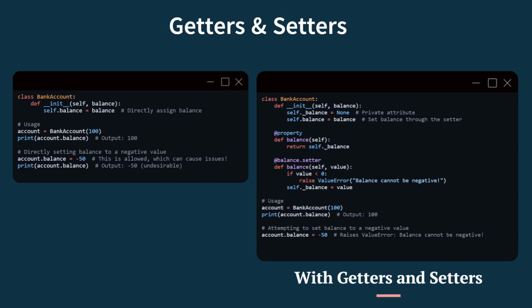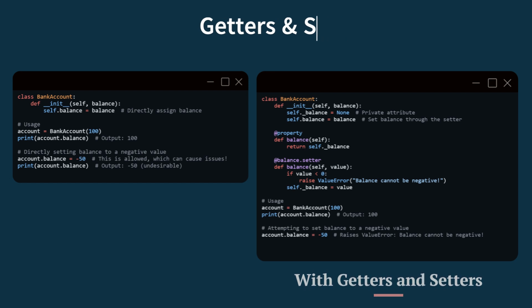In the second example, we improve the bank account class by introducing a private attribute _balance and using the @property decorator. The @property decorator allows us to define a getter to retrieve the balance and a setter to validate any new value before it's assigned. This way, if we try to set balance to a negative number, the setter raises an error, ensuring the balance remains valid. This approach keeps our data protected and makes sure the code behaves as expected.